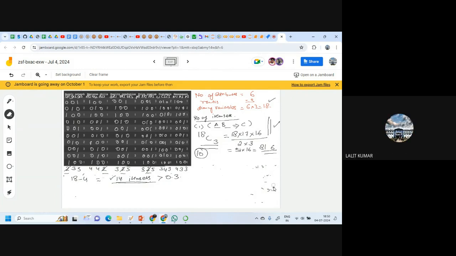So how do we do that now? 4 divided by 10. And we will write all the names and make a matrix like this. Which all are there?